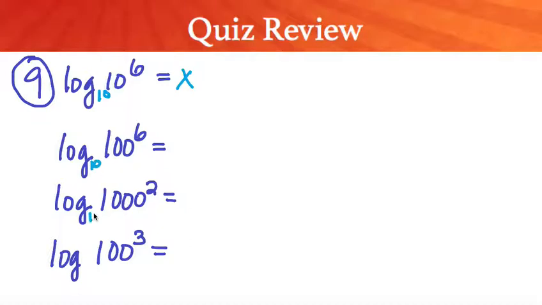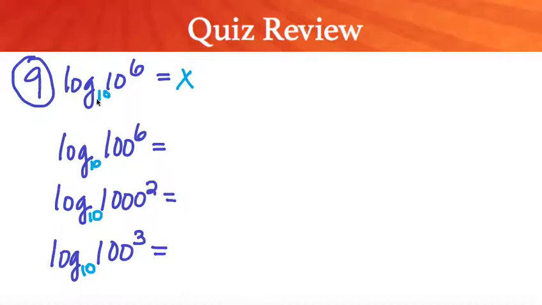When a log does not have a number on it, you have to assume it's base 10, because anyone looking at a log without a base knows it is already defined as base 10.